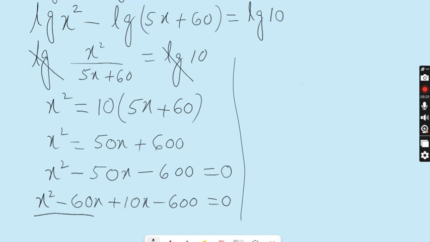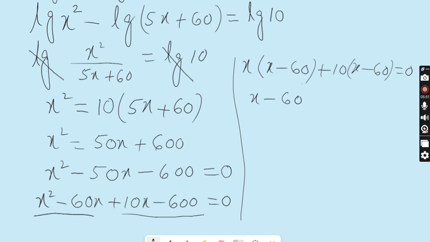Taking the first two terms and the last two terms, x is common, so it becomes x (x minus 60). Taking plus 10 common, (x minus 60) is equal to 0. So (x minus 60)(x plus 10) is equal to 0. This implies that x is equal to 60 and x is equal to negative 10.